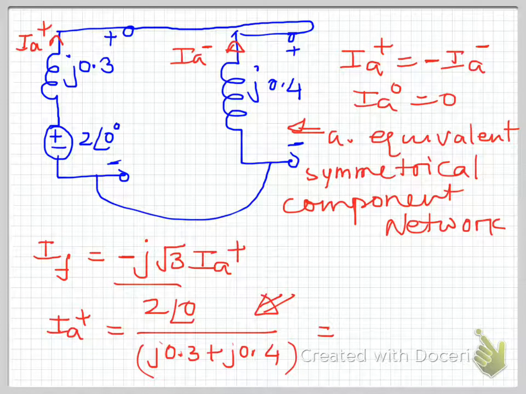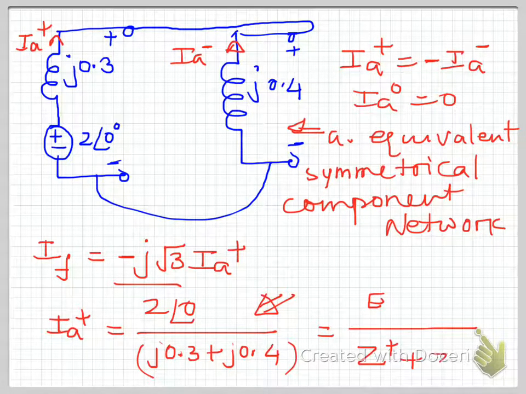Now this formula you can find in your formula sheet as well, where it says generator voltage divided by Z positive plus Z negative.